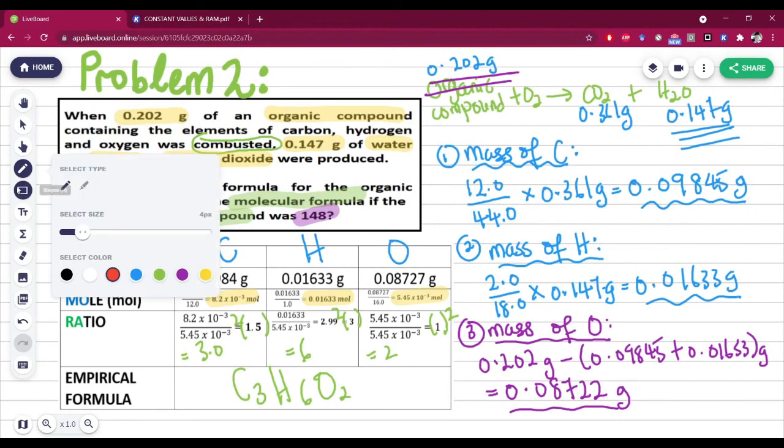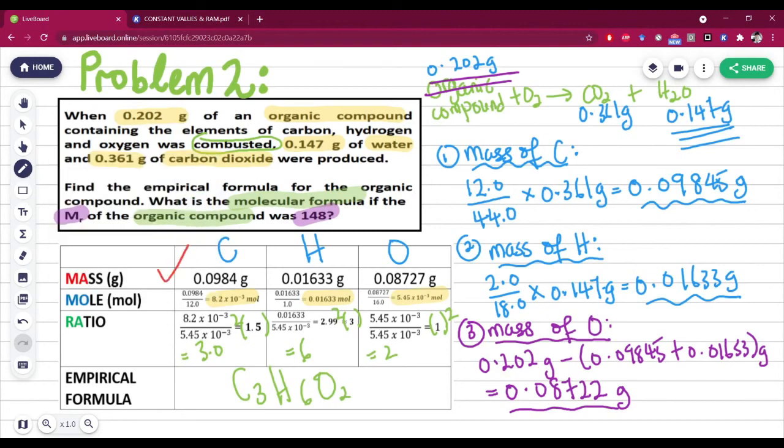And then you will be able to get 1 mark for this, 1 mark there, 1 mark right here, and 1 mark right there. Also 1 mark for this calculation, 1 and 1. But we're not done yet because we need to find the molecular formula.